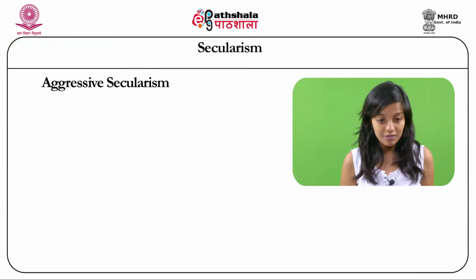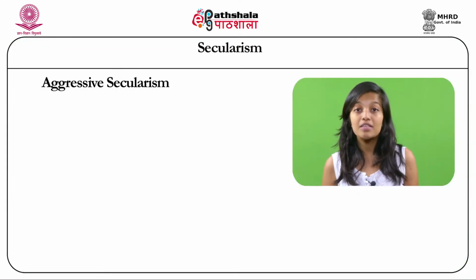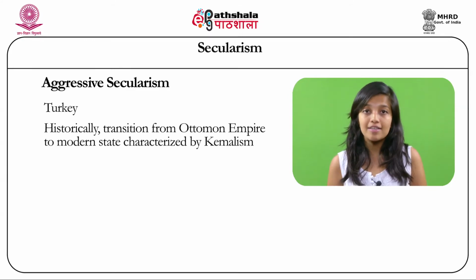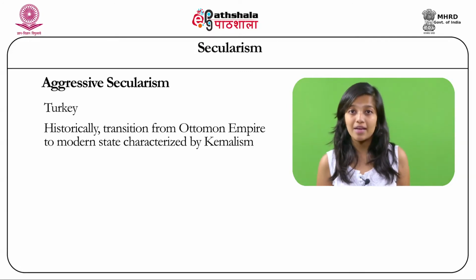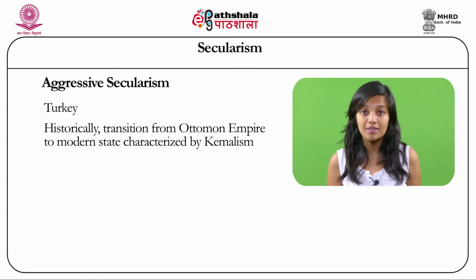Another country where we see an aggressive form of secularism is the case of Turkey. Historically, the transition that Turkey has made from the Ottoman Empire to the modern state was characterized by the philosophy of Kemalism. Kemalism is a modernizing force.